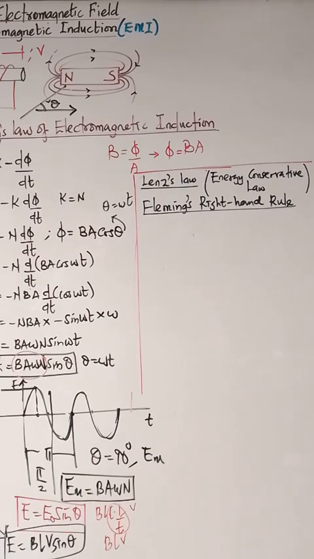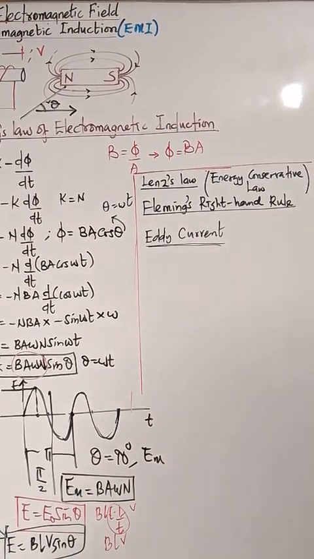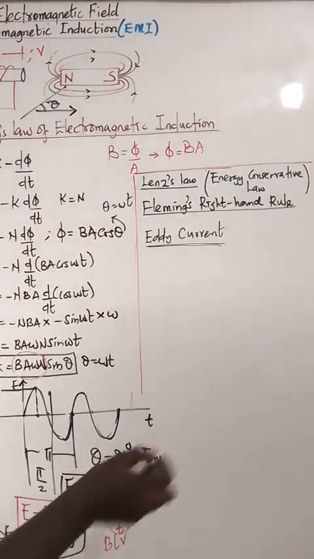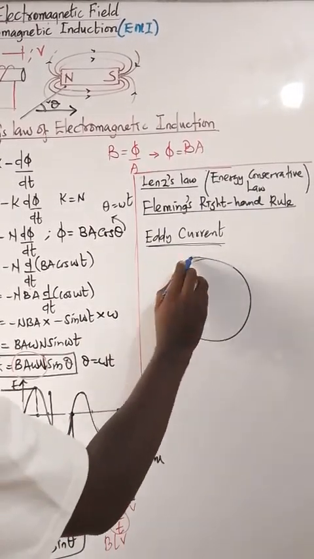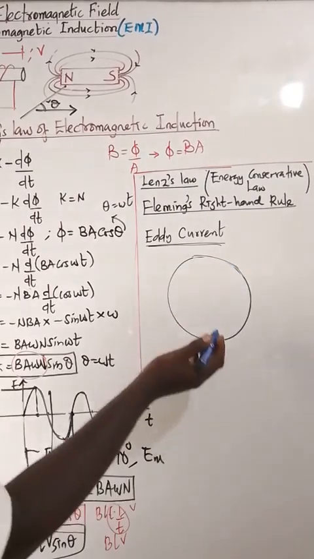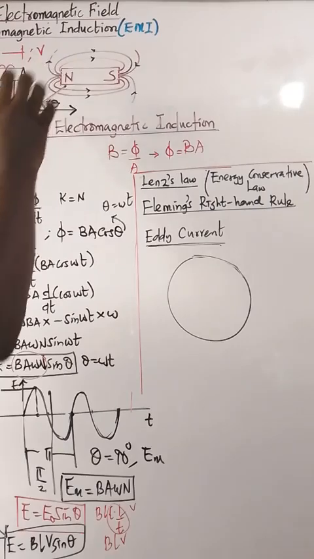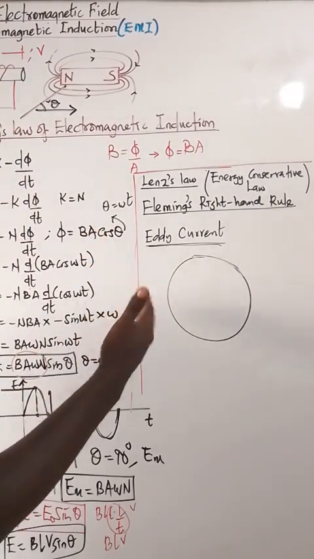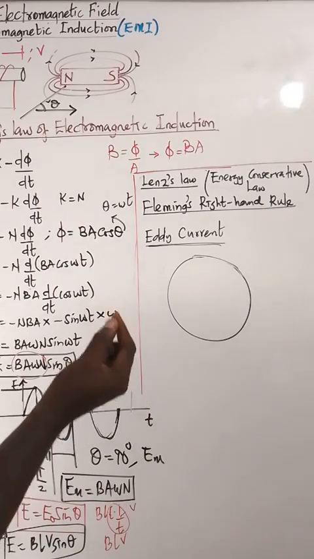But before that, I promised that I will explain something, eddy current. What is eddy current? Eddy current is normally due to electromagnetic induction. Suppose we have a metal sheet, let's say copper or aluminum, a circular metal sheet. If this metal sheet moves in a magnetic field, due to that movement, current will be generated, or we can say EMF will be produced.